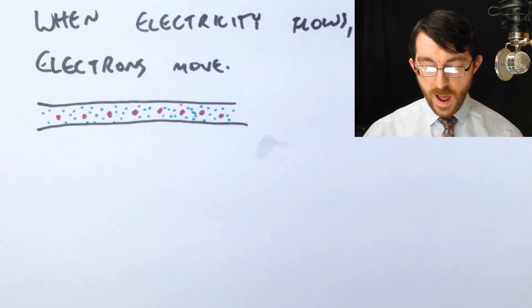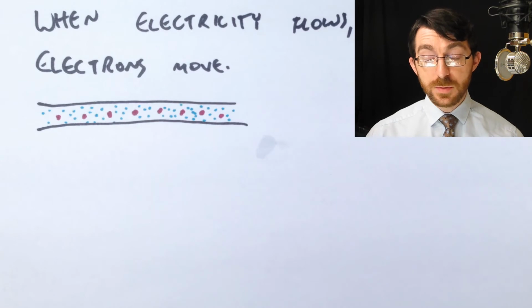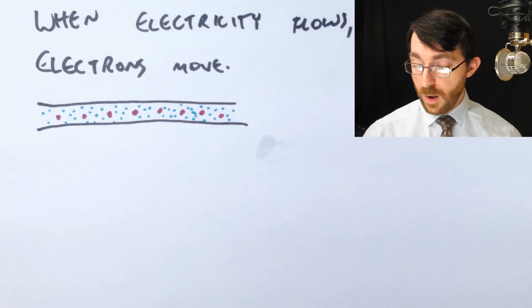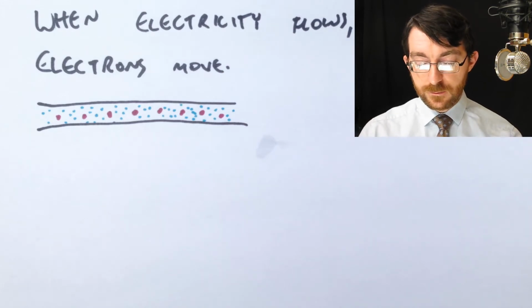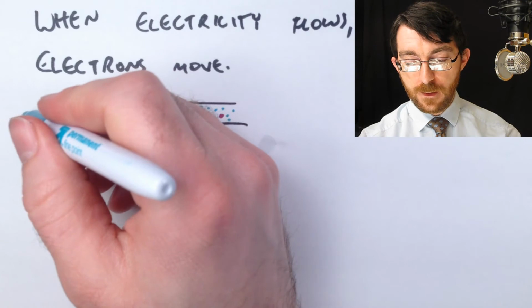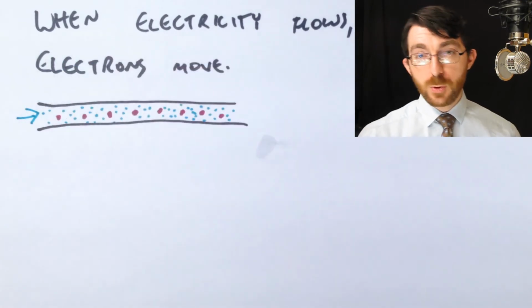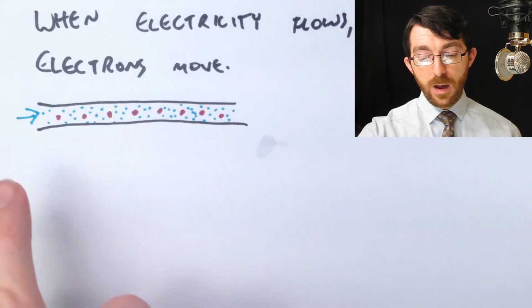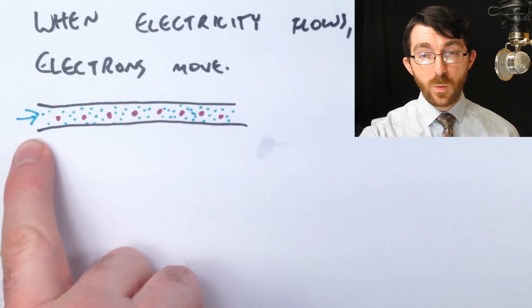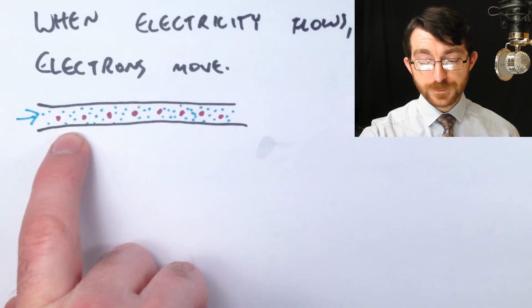And so if this is our wire, you can think of this as the tube that I was pushing water through. When you put a battery on it, basically what you've got is pressure, analogously speaking, you have electrons trying to come in this way. The electrons all have an electric field, so the electrons trying to join the wire from this side repel the electrons that are already there.